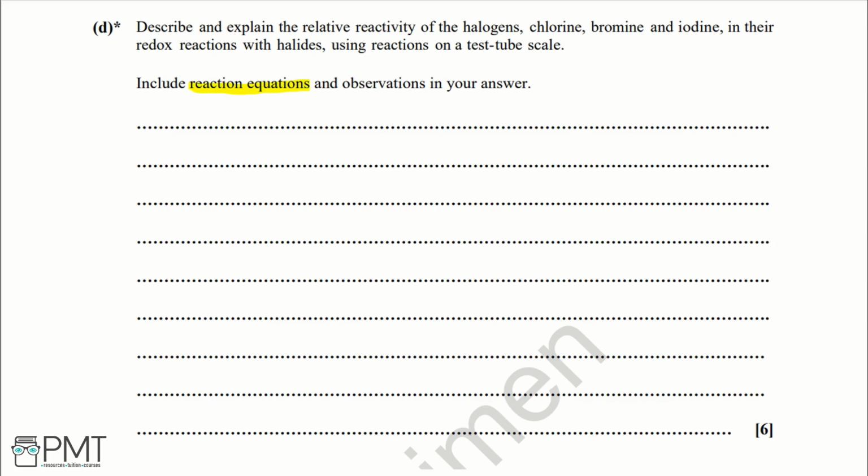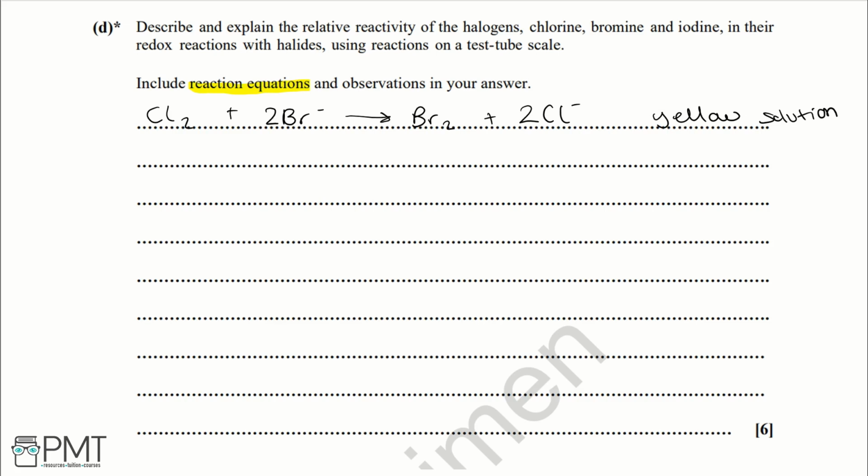So our first equation can be between chlorine and bromine ions or bromide ions. And we're going to produce bromine, so Br2, and chloride ions, so 2Cl-. And what we're going to produce is a yellow solution, and this is our observation.